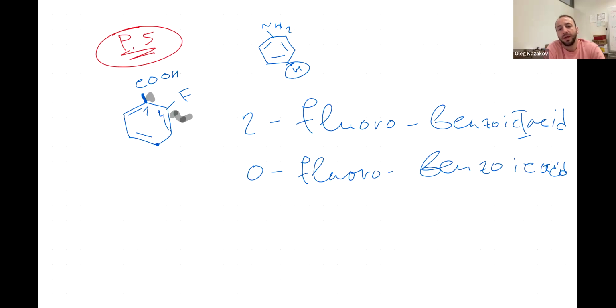These are two ways to show that in position 2 there is going to be F. Position number 1 will be occupied by the COOH from the benzoic acid, because by convention, where the substituent is in the common named compound, that carbon will have number 1. Everything else is counted after that carbon, so carbon number 2 will contain the fluorine group.